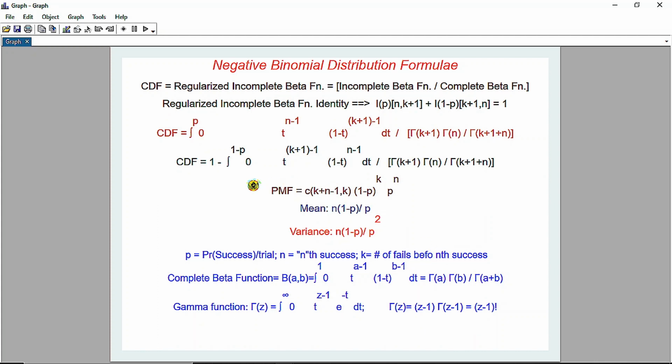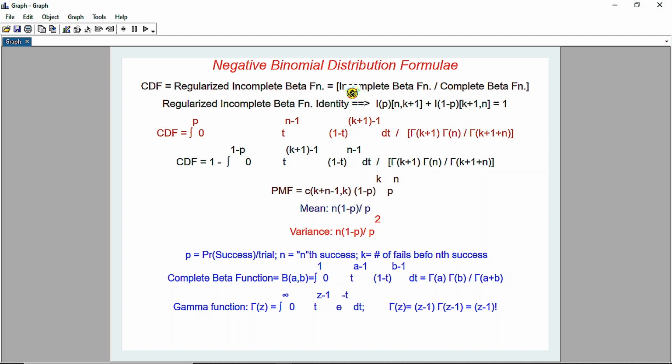Now let us go to the CDF. We calculate the CDF of the negative binomial distribution by using this formula or this relationship. CDF is actually the regularized incomplete beta function, and the regularized incomplete beta function is equal to the incomplete beta function divided by the complete beta function.